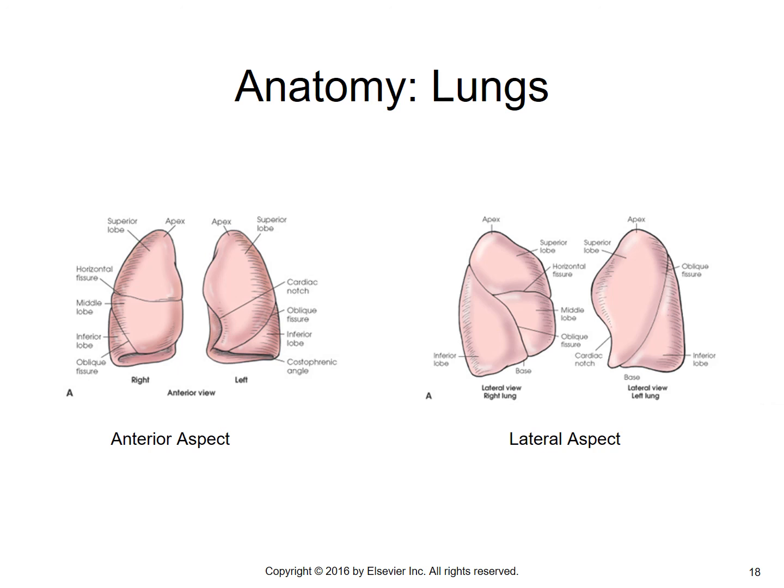Find the horizontal fissure. And then you have another fissure, which is called the oblique fissure. Now on the left, we've only got 2 lobes. So what we don't have on the left is the horizontal fissure. We still have the oblique fissure separating the left lung into the 2 lobes.